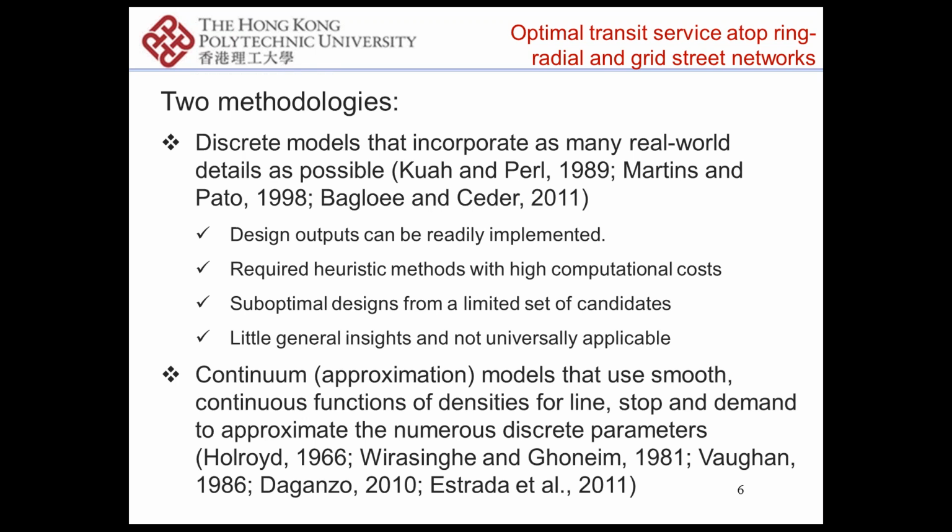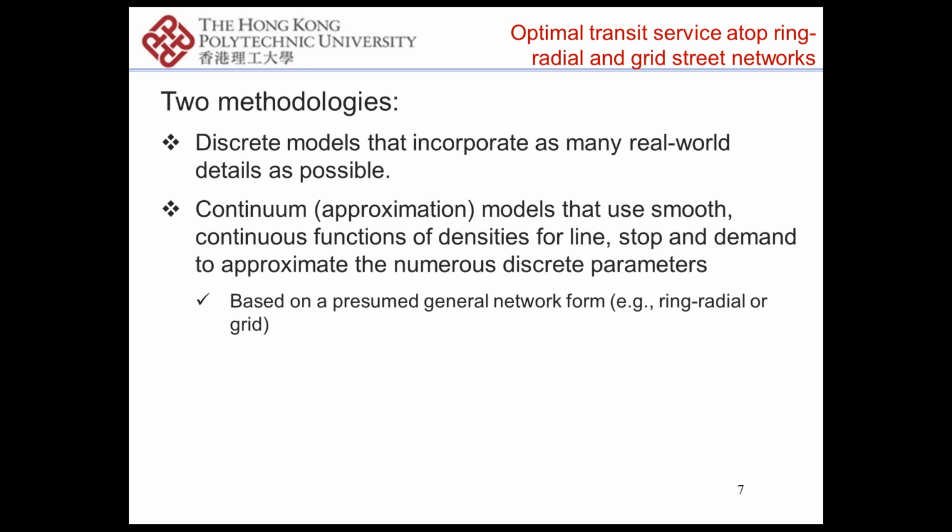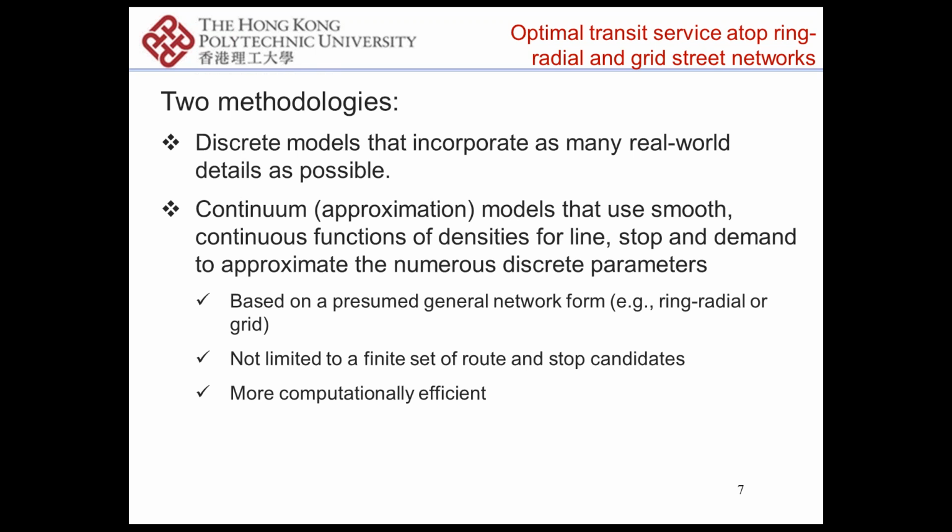These models are usually developed from a presumed general network form that represents the city shape and the street layout, for example, a ring-radial network or a grid network, but are not limited to a finite set of route and stop candidates. These continuum models are much more computationally efficient than their discrete counterparts, and global optimum and even sometimes closed-form analytical solutions can be obtained.